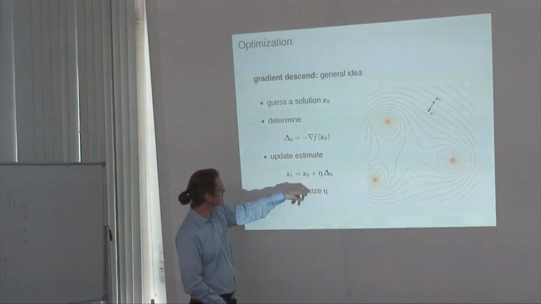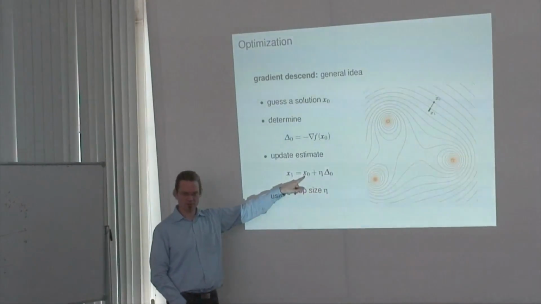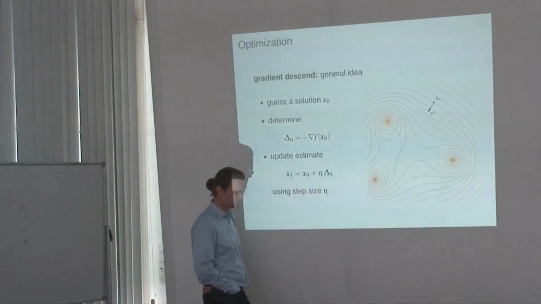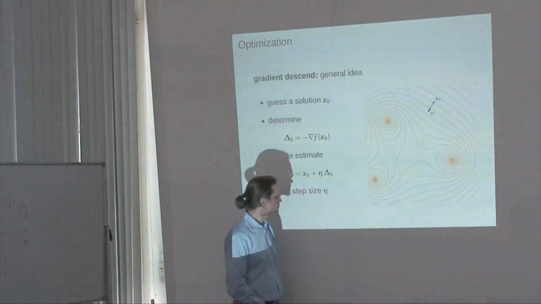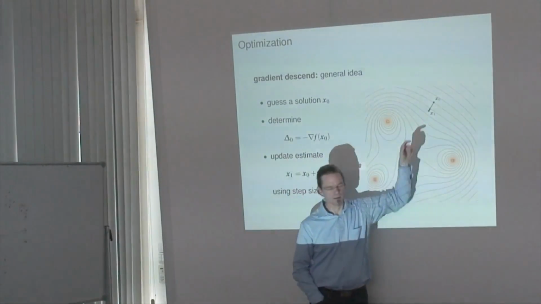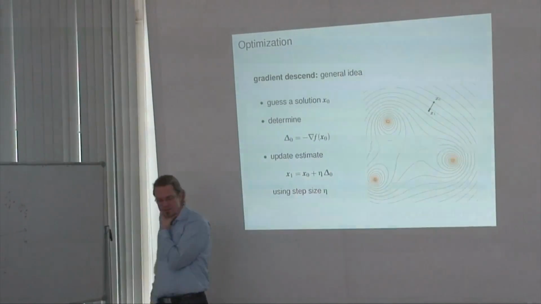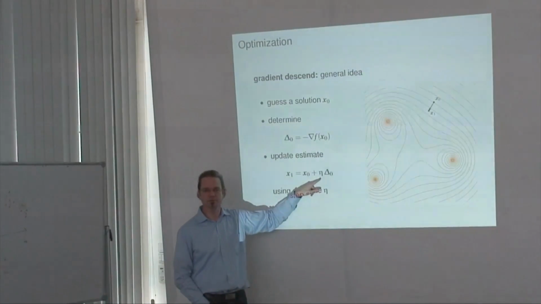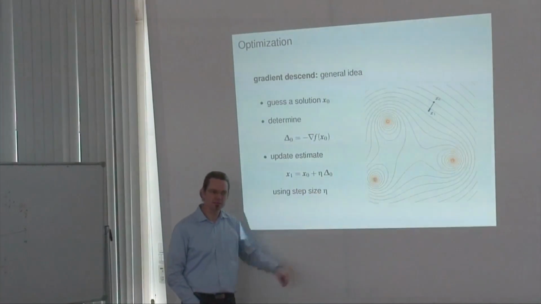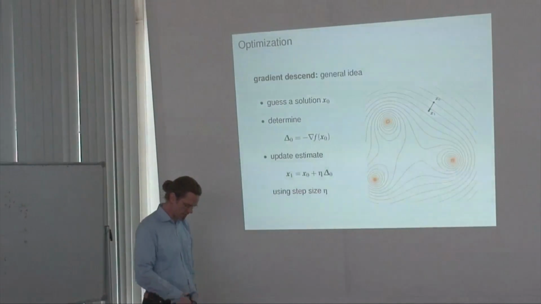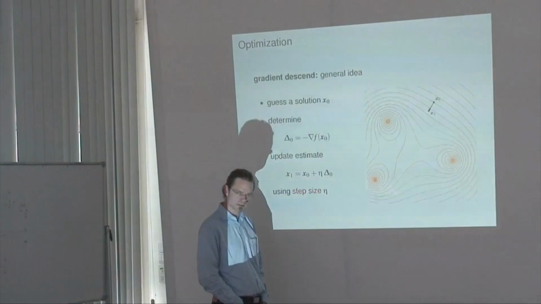So this here is to say we are at x naught and take a step in the direction of the negative gradient to produce a new point x1. Here is x1. But not only did we take a step in that direction, we took a scaled step. This is the Greek letter eta. If we just would have taken a step of the length of the gradient, it would probably be like this, right?